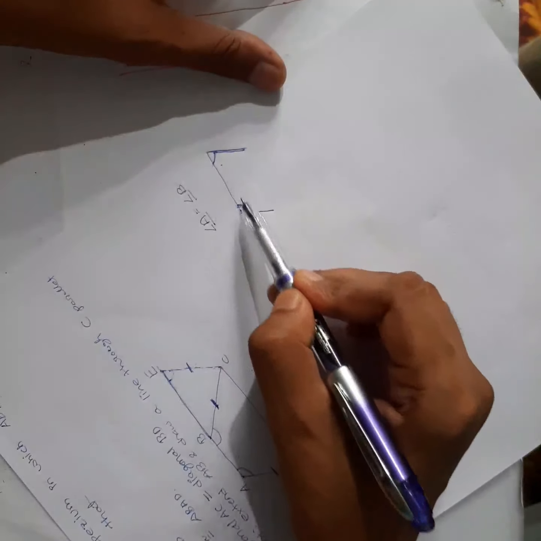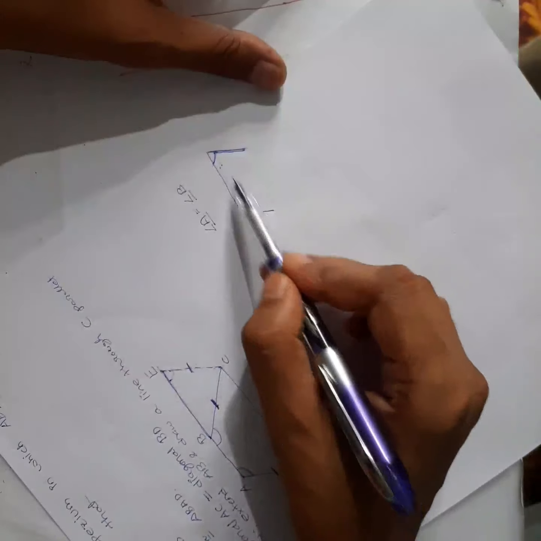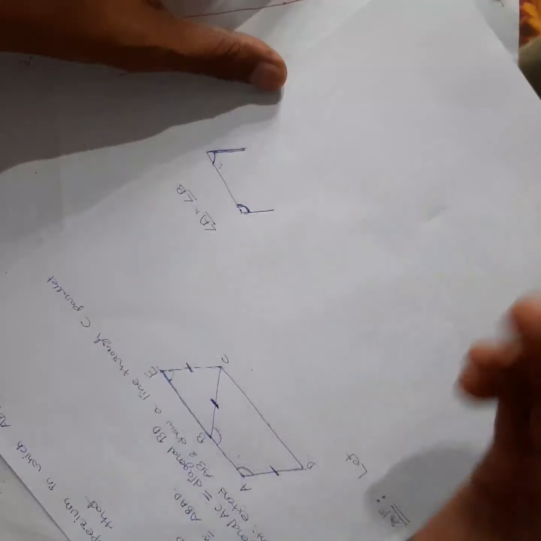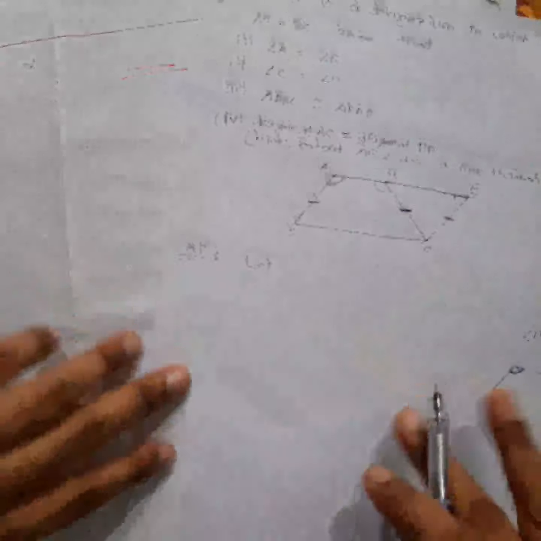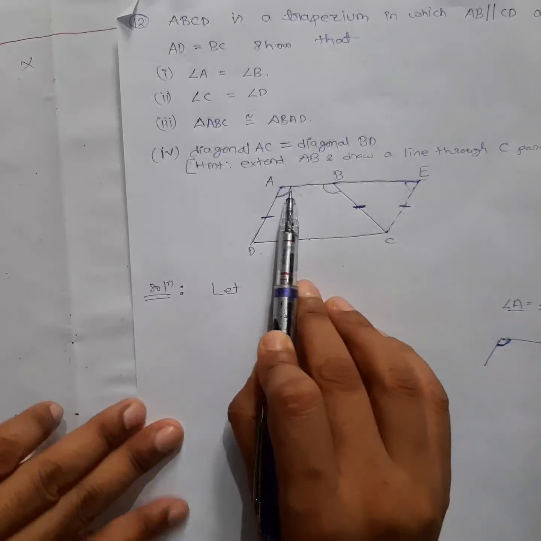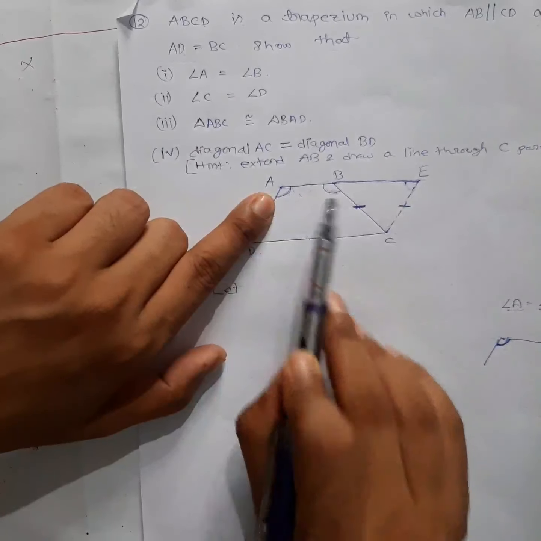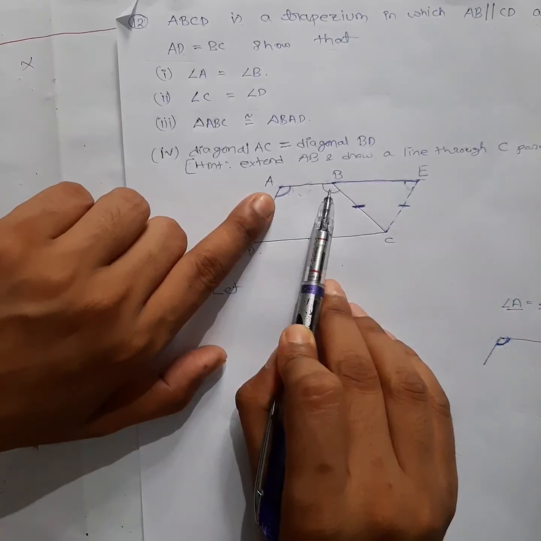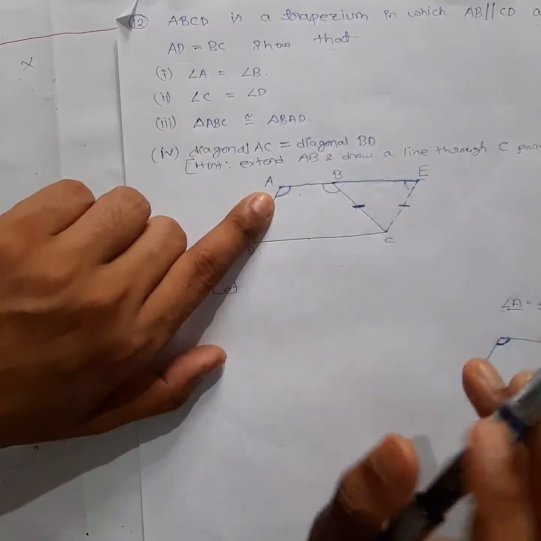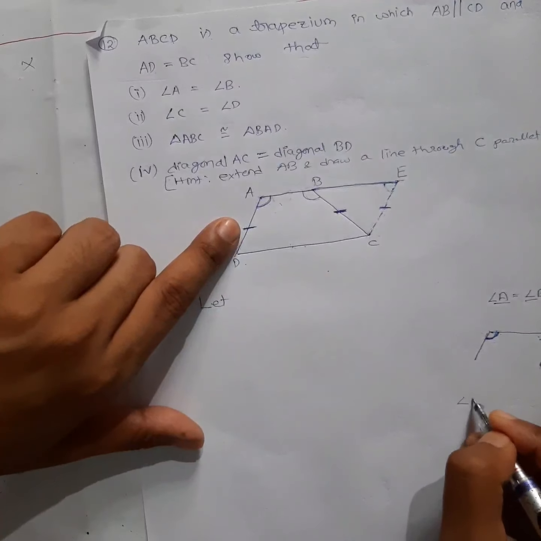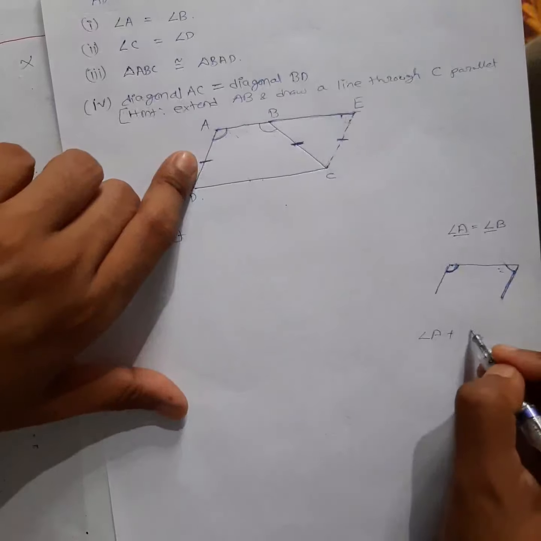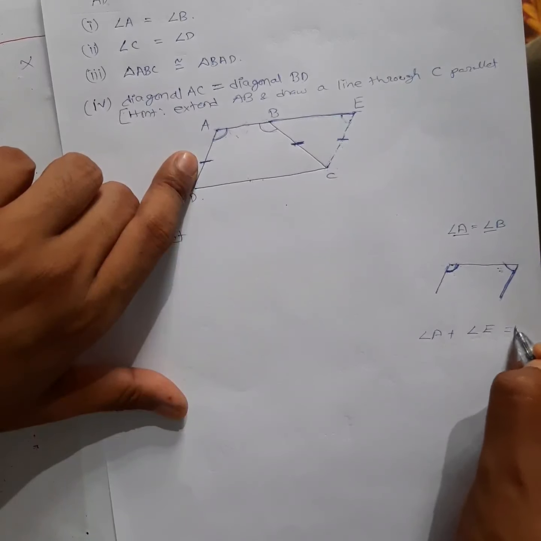They are supplementary, meaning the sum of the angles will be how much? 180 degrees. So see the advantage of this. This and this, we know it will be 180 degrees, right? And I have to show this and this angle equal, right? So this angle also you have to bring. So see, one thing I know, that angle A plus angle E is equal to how much?